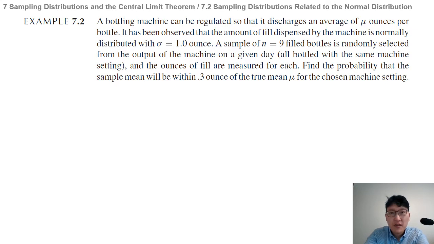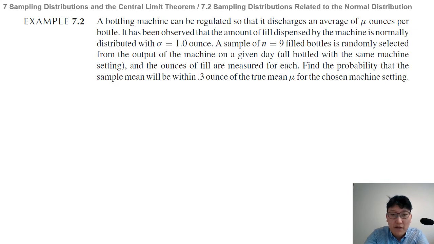Okay, let's move on to example 7.2. A bottling machine can be regulated so that it discharges an average of mu ounces per bottle. It has been observed that the amount of fill dispensed by the machine is normally distributed with sigma equals 1 ounce.